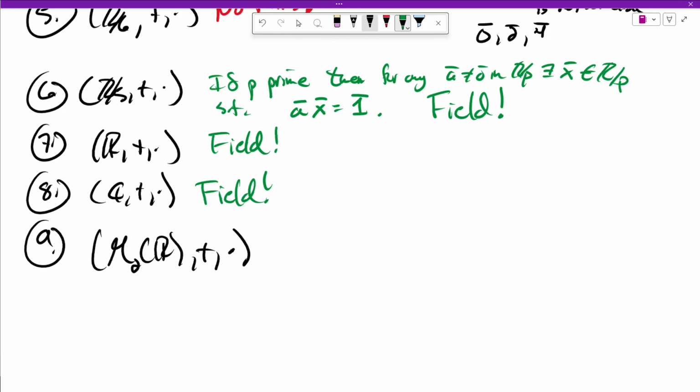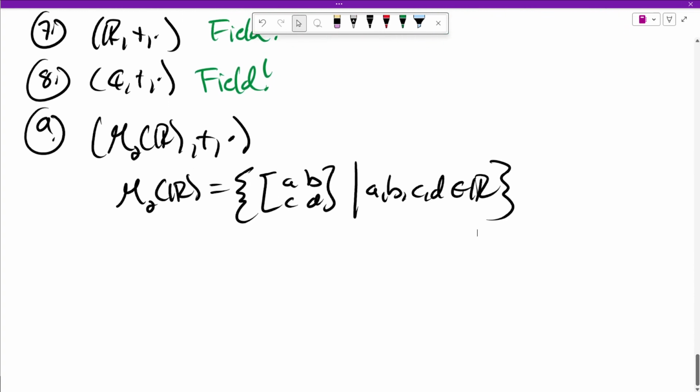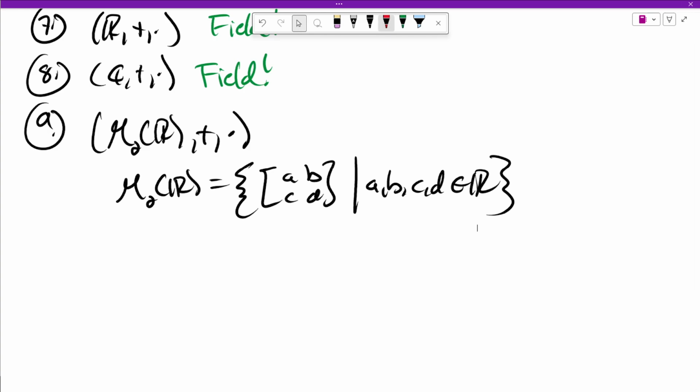Now this last guy here, I want to spend a little bit of time on because it's an interesting example. M2(R) is going to be the collection of 2 by 2 matrices with coefficients in R. And we want to know if this is a field. Well, what properties does it have?